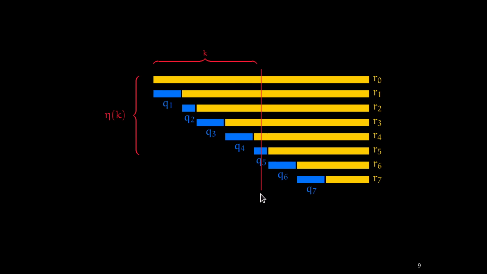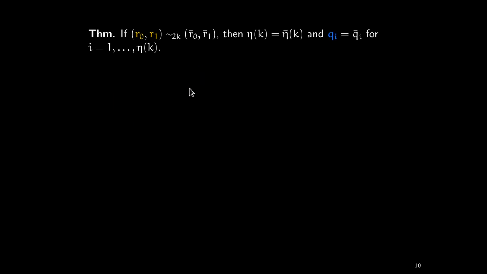This is the definition of this eta, and it depends on the k, but it depends also on the quotients. You see in the picture some quotients are smaller and some are larger, so I can't just say, oh, this is a triangle, so when I know k, then I know eta of k. It's not quite that simple. But of course, if the k is smaller, then the eta is also smaller.